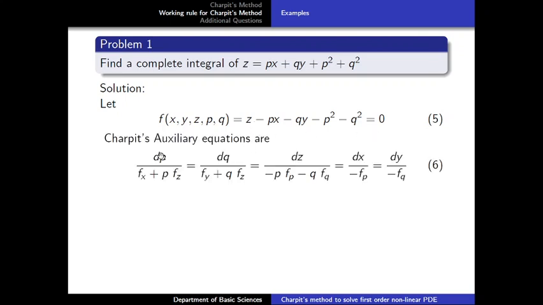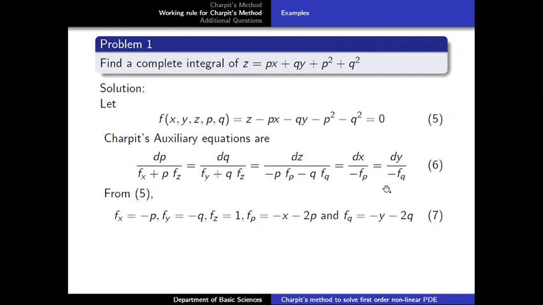Now we write Charpit's auxiliary equations. They are given by dp divided by fx plus p fz equal to dq divided by fy plus q fz equal to dz divided by minus p fp minus q fq equal to dx divided by minus fp equal to dy divided by minus fq.